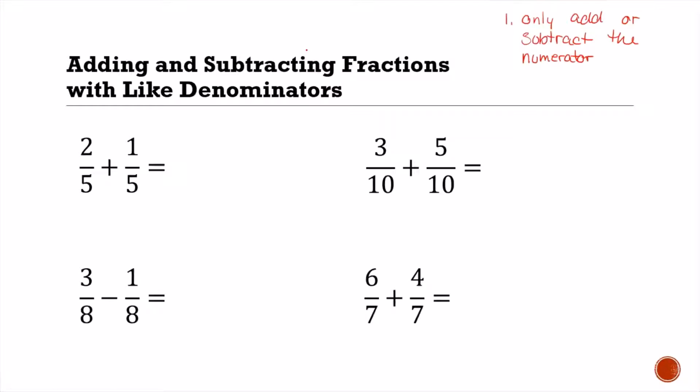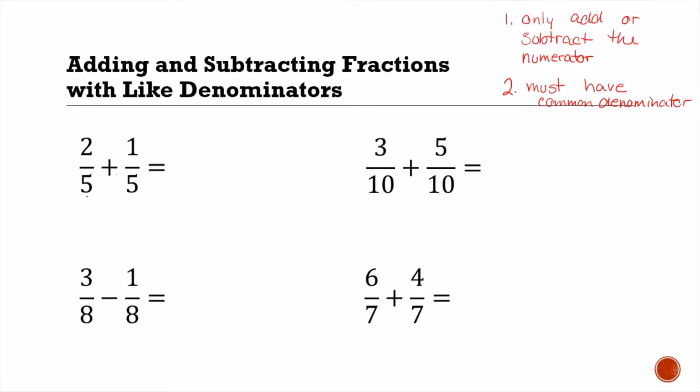And the second thing that we have to know is we must have a common denominator. So to add and subtract the numerators, you have to have a common denominator.